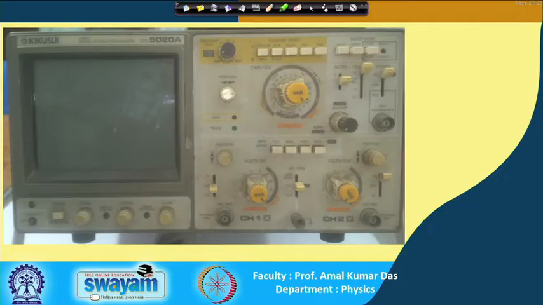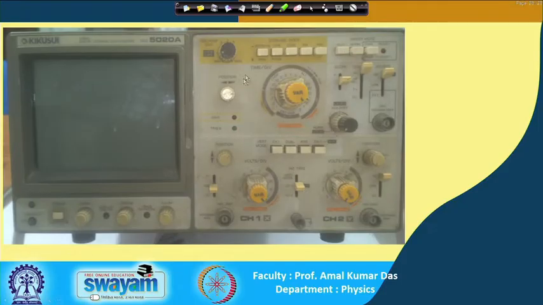If you see the front panel of this CRO, here you can see there are different parts, many knobs, and one screen. Then there are knobs here, this is one set of knobs. There is a demarcation.